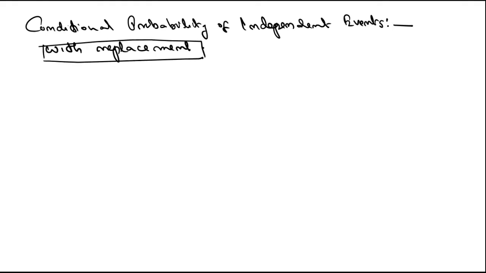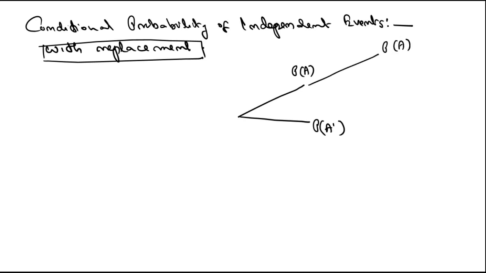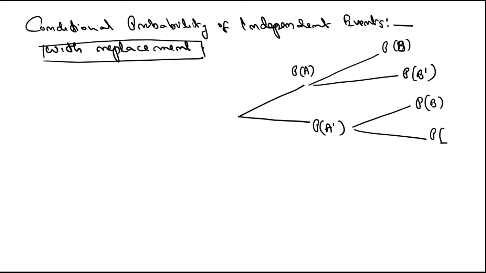If this word comes, immediately we can say that one branch is probability of A, then probability of A complement, again probability of A. That means taking another event B, probability of B, again B complement, then probability of B, probability of B complement.